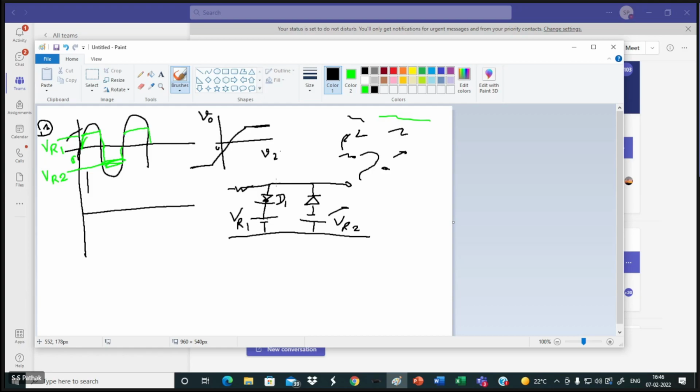So this V0 will be something when Vi goes to VR1 plus V gamma, the cut-in voltage. When Vi becomes VR1 plus V gamma, it will fire and become this point, and this is also the same, VR1 plus V gamma.